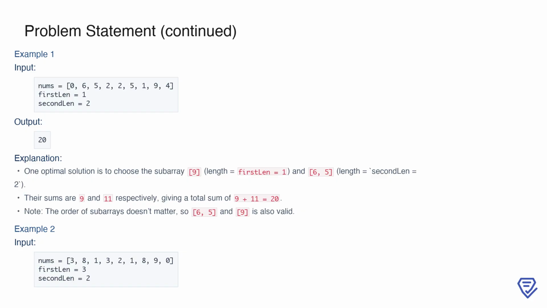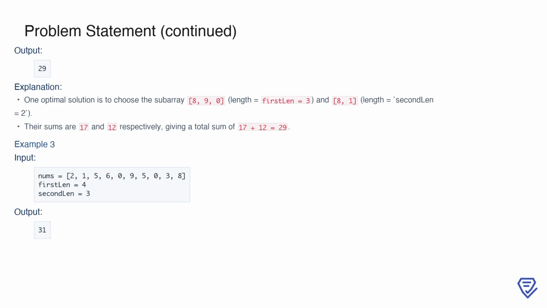The sum of the elements in 9 is 9, and the sum of the elements in 6, 5 is 11. Adding these together gives a total sum of 20. Importantly, since the order of the subarrays does not matter, we could also choose 6, 5 first and 9 second, and the result would still be 20.